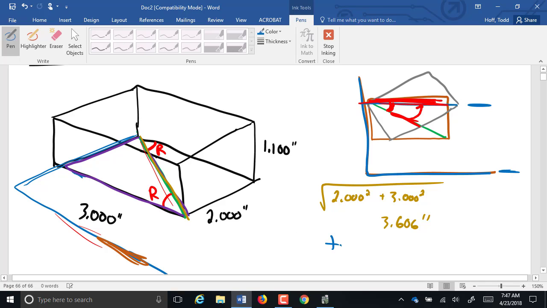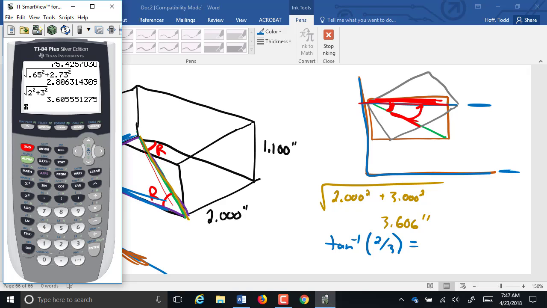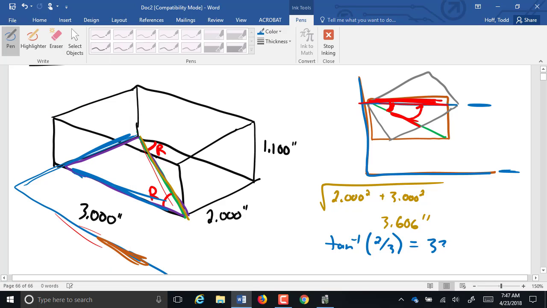Inverse tangent will find that angle of opposite 2 over adjacent 3, right? That's 33.69 degrees. So that's that rotation. If we rotate that block 33.69 degrees, it'll line up that diagonal on the bottom of the block with what we'll call the x-axis datum.